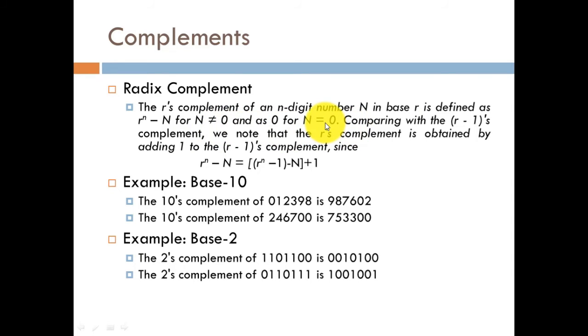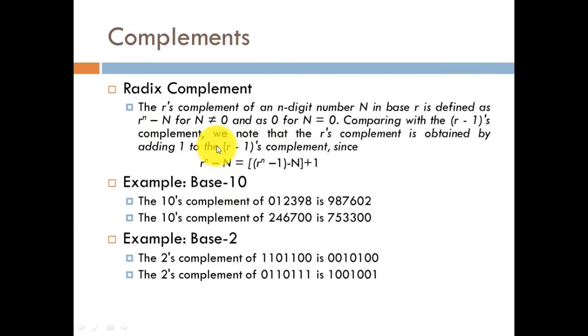That is, if the number is equal to 0, then its r's complement will also be equal to 0, and if the number is not equal to 0, then its r's complement is defined as r to the power n minus N, where N is the number whose r's complement we need to calculate.